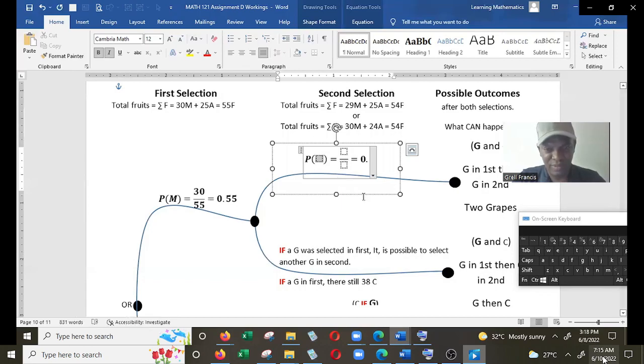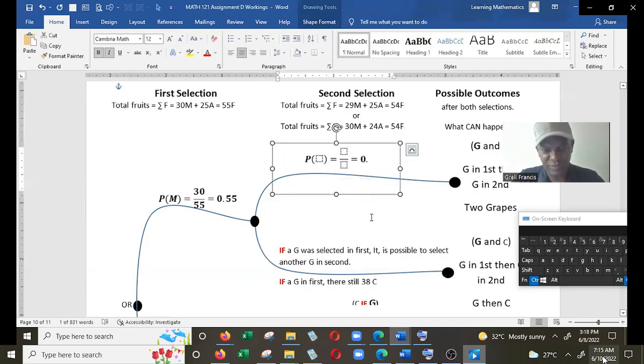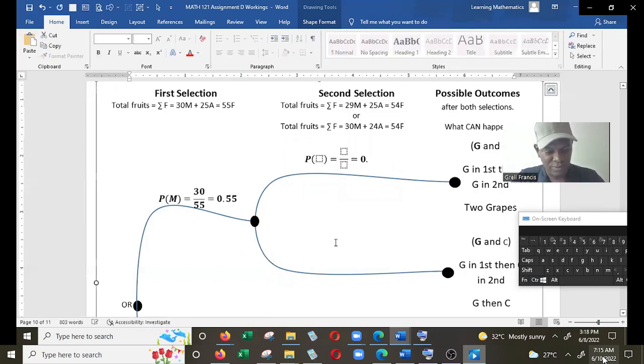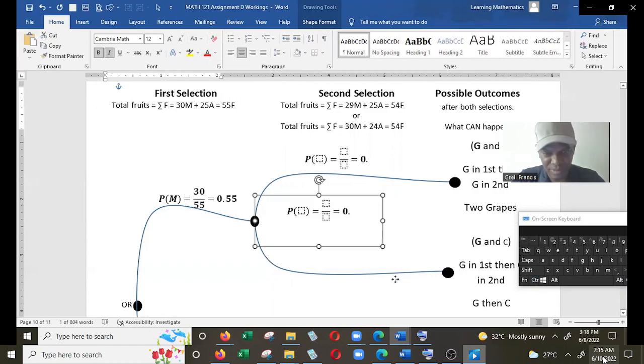Give me a little minute. Let me just Control C, delete this. You can pause the video and read it, or you can get the probability tree diagram explained in your notes. Bring that there. We did that already.